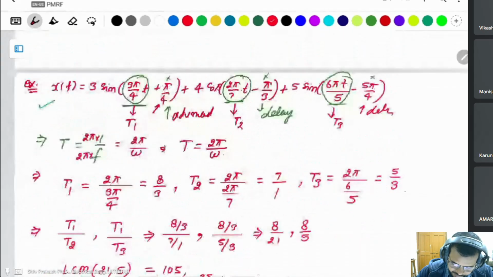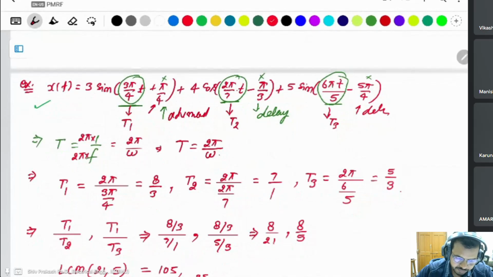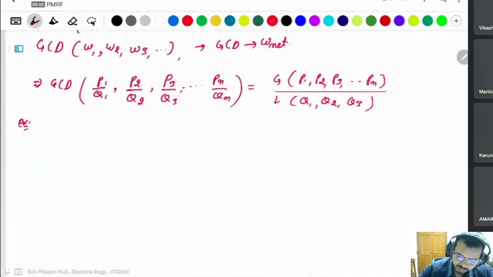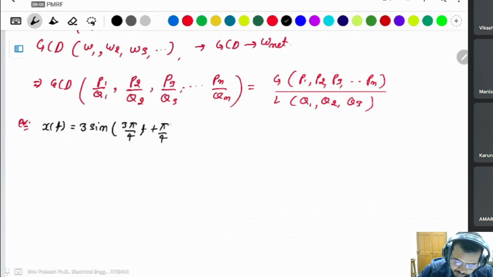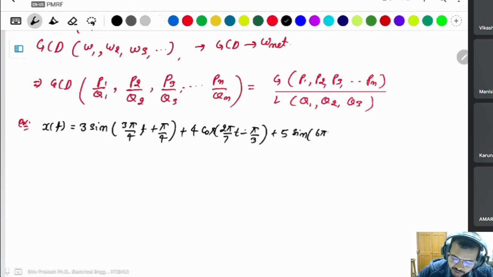I take the same example: 3 sin omega t, 3 sin 3 pi by 4 t plus pi by 4, 4 cos 2 pi by 7 t minus pi by 3, and 5 sin 6 pi by 5 t minus 5 pi by 4.